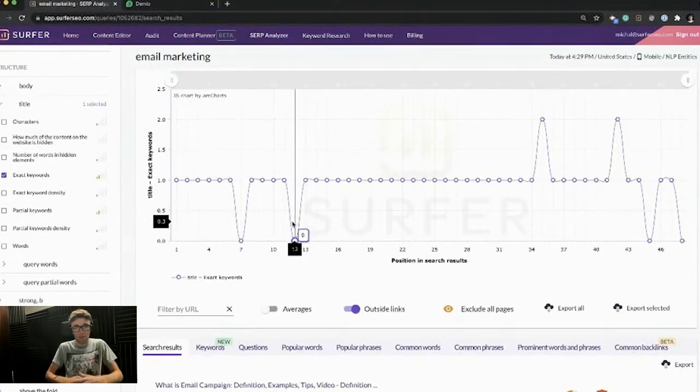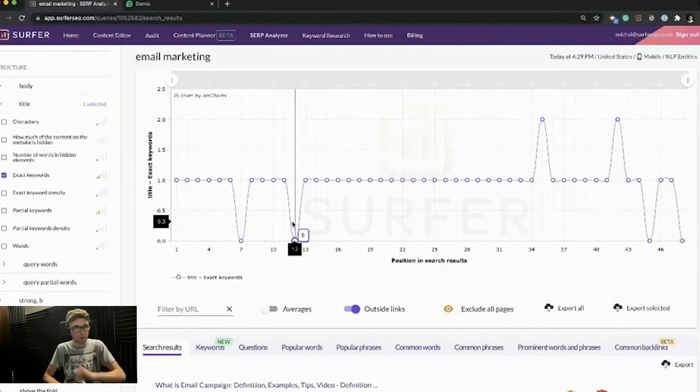Yes, they are missing it in both places, title and H1. So that will be extremely easy for SendPulse to rank higher on the email marketing keyword by just adding this search term to the title and H1. This is basic stuff, but this Serp Analyzer tool allows you to find these nuggets for your website.